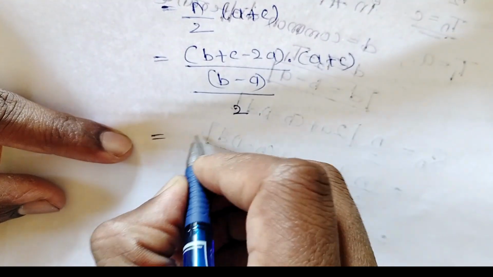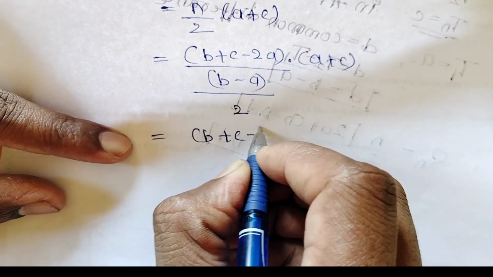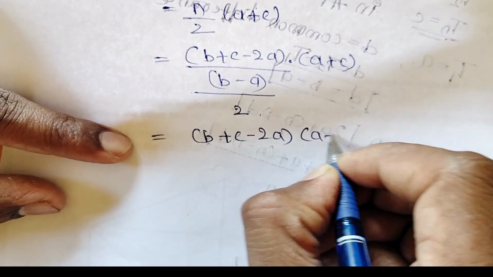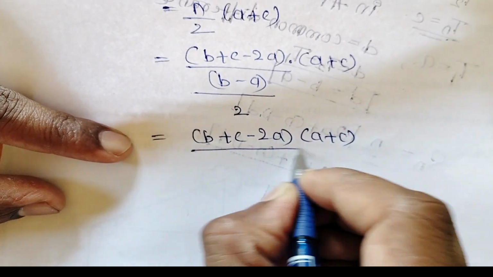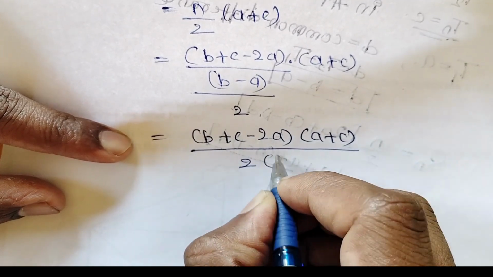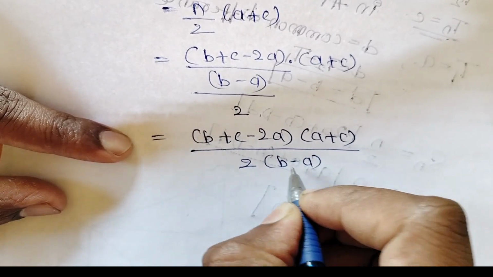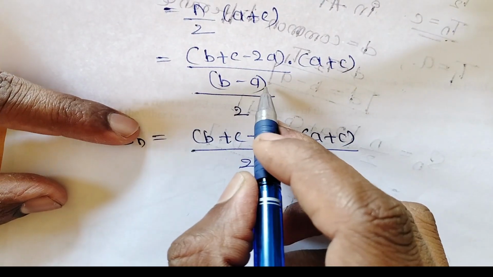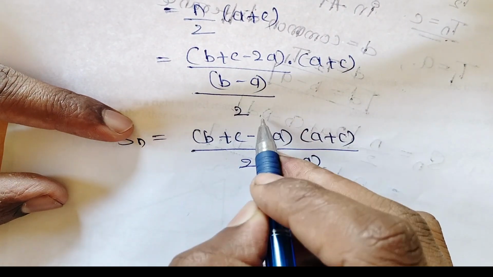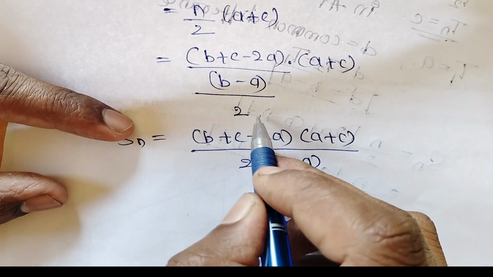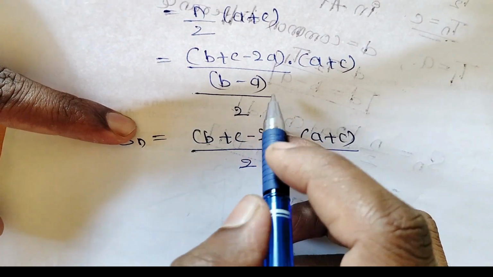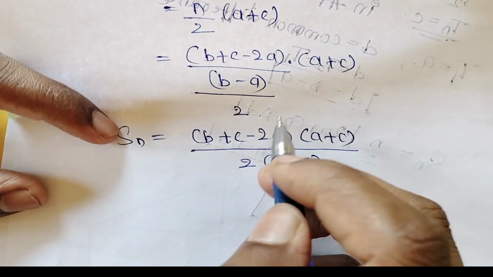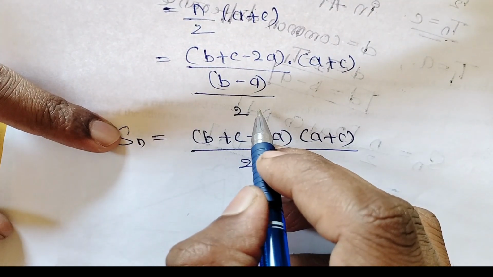So it can be written as (b plus c minus 2a) into (a plus c) divided by 2 into (b minus a). The denominator b minus a stays in the denominator.